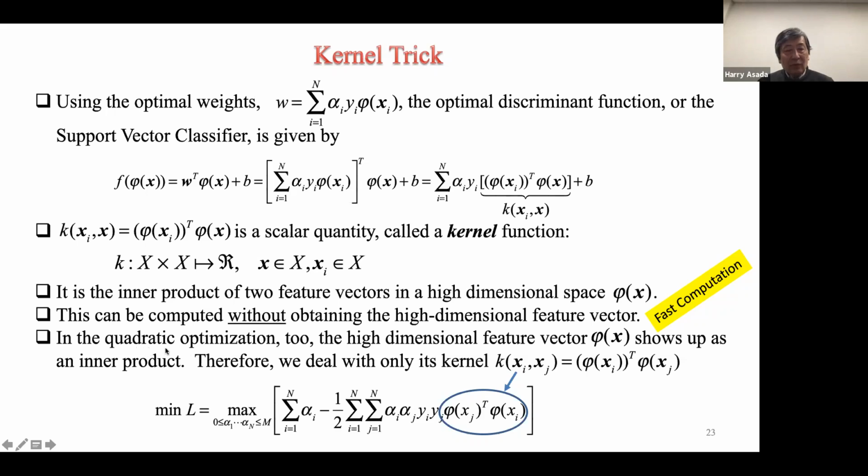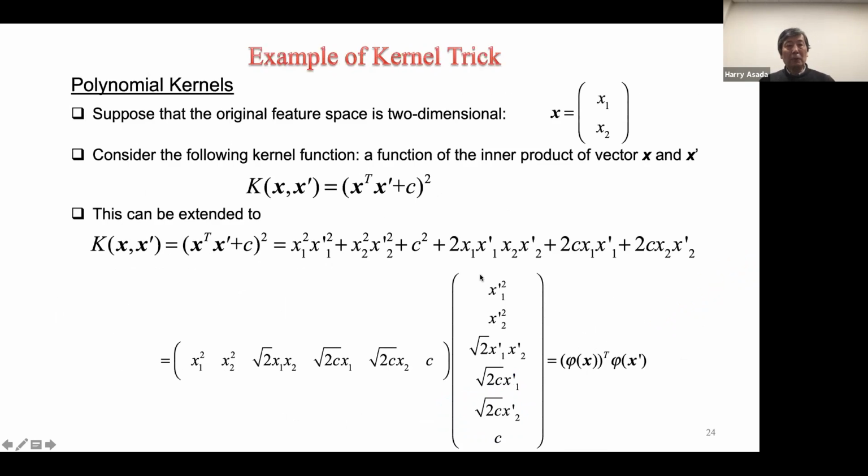In the quadratic optimization, these two show up as a kernel inner product. Again, we don't need to touch the expanded feature vector phi; we just deal with the kernel function. This is a little bit difficult to understand, so let's work out a simple example.